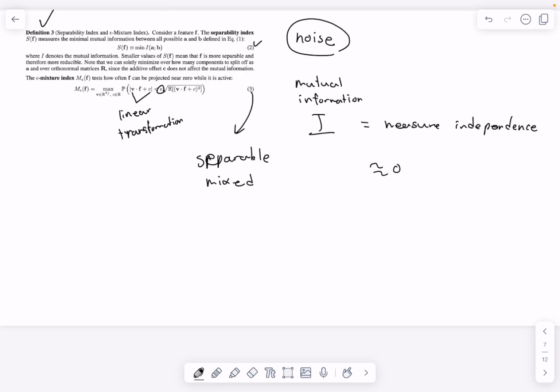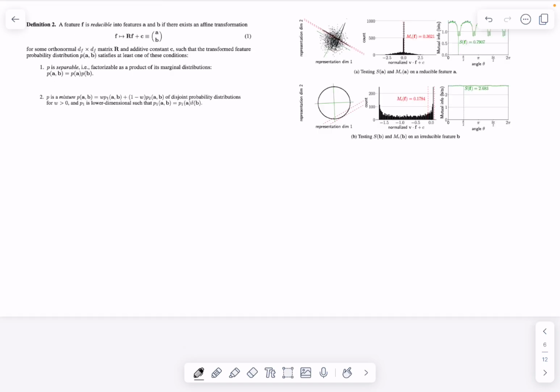If the distribution of this value is small, it indicates that the subspaces are highly mixed. As you can see here, this is very highly mixed. This distribution is not that small. It seems to be not that mixed.